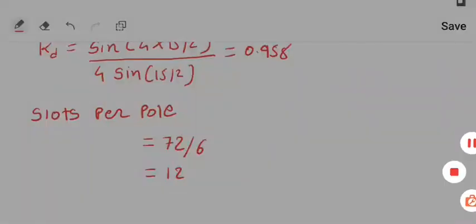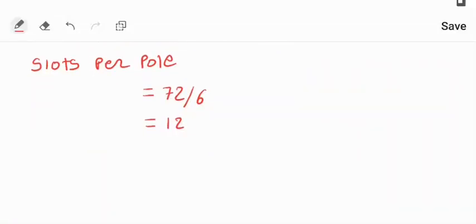The coil span is given as 11 slots. So from that data, there are 12 slots per pole in that stator, and the coil span is 11 slots.